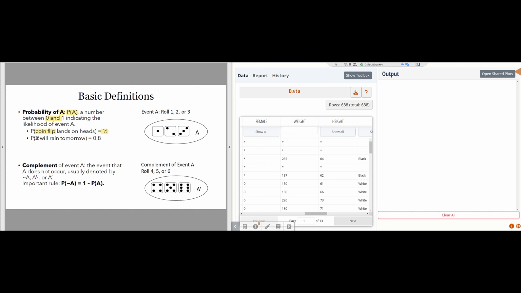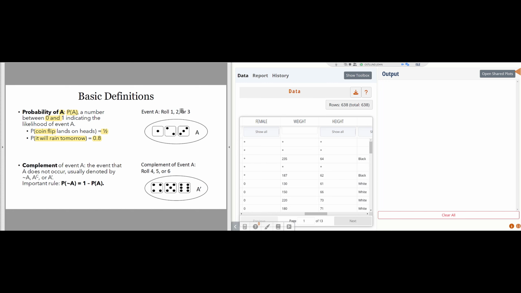If we look at a weather report, we might get told that the probability it's going to rain tomorrow is 0.8. Now, we might not be very confident that this weather report is reliable, but nevertheless, we are told here that the probability that it's going to rain tomorrow is 0.8, or often this would be expressed as 80%, an 80% chance of rain.